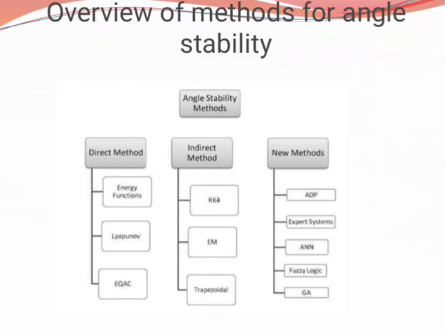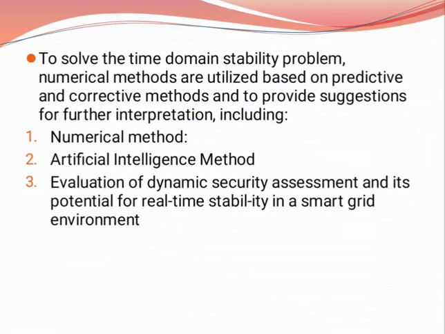Then, to solve the time domain stability problem, usually numerical methods based on predictor and corrector techniques are utilized. To solve the problem, the following methods are used. One is the numerical method.